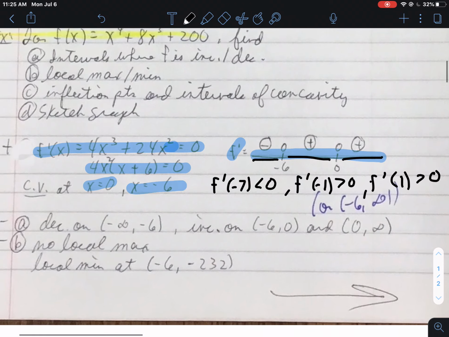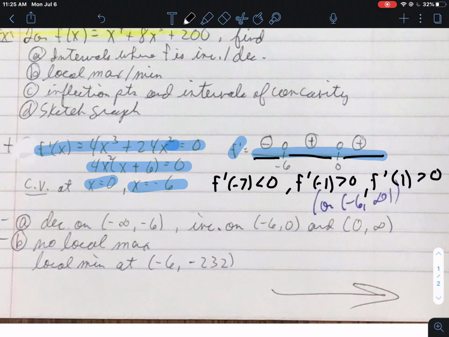All right, so then in terms of increasing and decreasing, I'm just going from left to right. We have that our function is decreasing on the interval from negative infinity to negative 6. That's where we have that negative first derivative. And then our function is increasing on the interval from negative 6 to 0, and also on the interval from 0 to infinity.